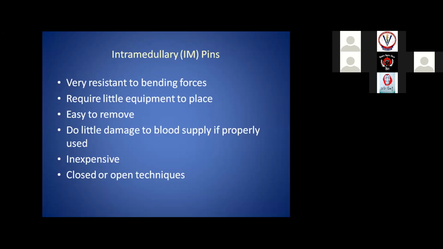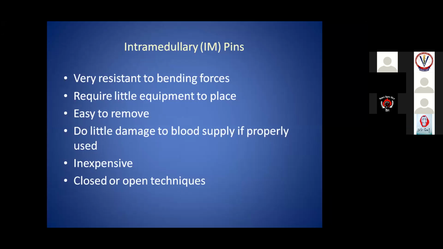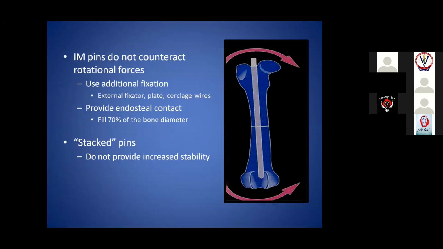Closed means without opening the fracture site, you can insert the pin by reducing the fracture, or you can open the fracture site, visualize the fracture, reduce the fracture, and place an intramedullary pin. Now, this is a schematic diagram where we see a bone, this is the fracture line here, and an intramedullary pin is inside this bone to stabilize the fracture.